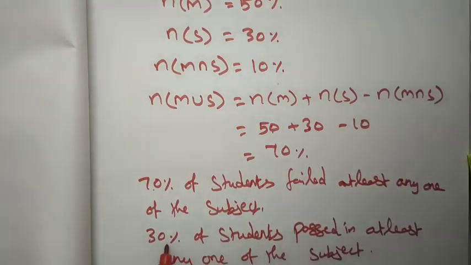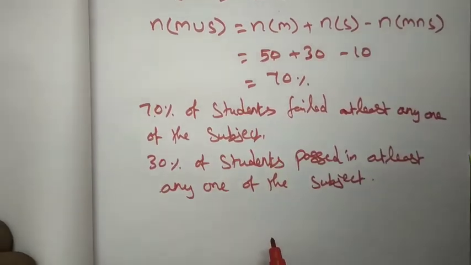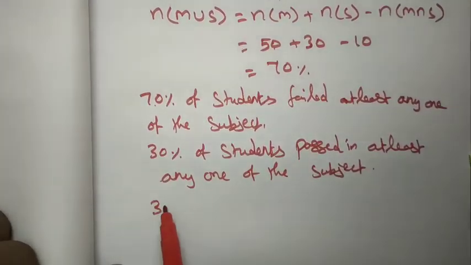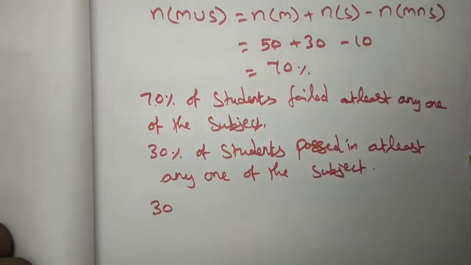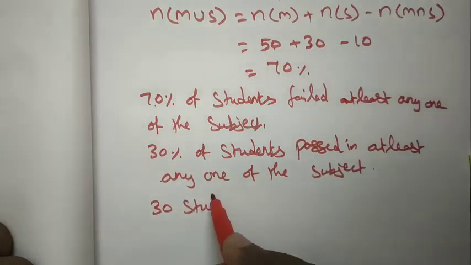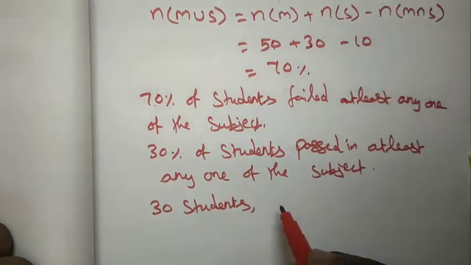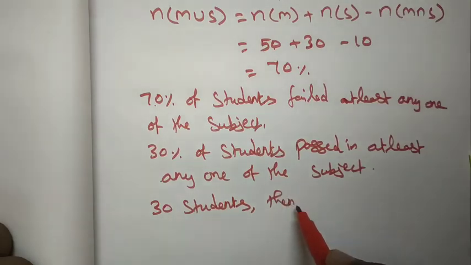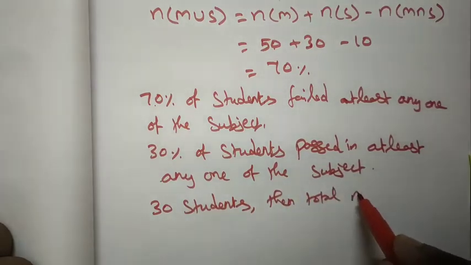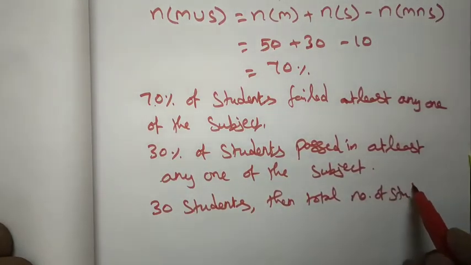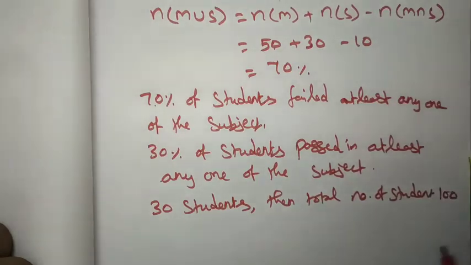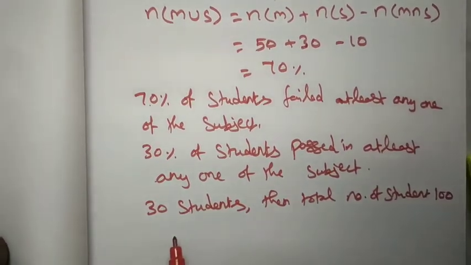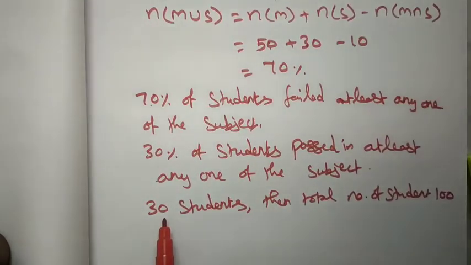So 30% means out of 100, how many students have passed? That is 30 students out of 100, right? 30% means 30 students. Then the total number of students is 100. We are taking 30% means out of 100 only 30 students have passed.